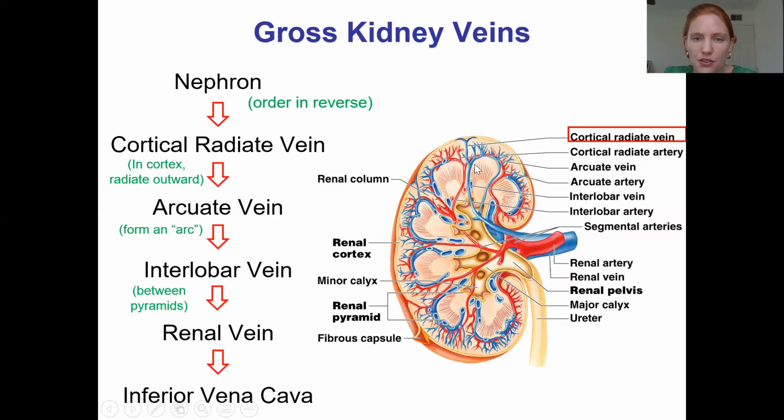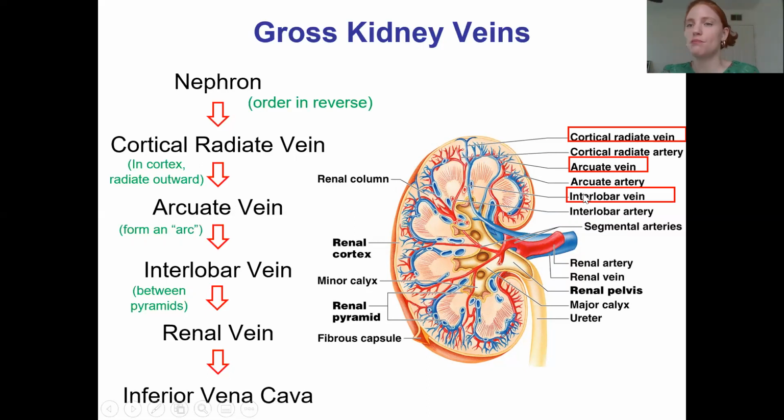And then from there, they're going to empty into the arcuate veins, which arc along the top. Remember, arc like rainbows along the top of the pyramid. So here is the arcuate vein. From the arcuate veins, they'll travel into the interlobar veins.